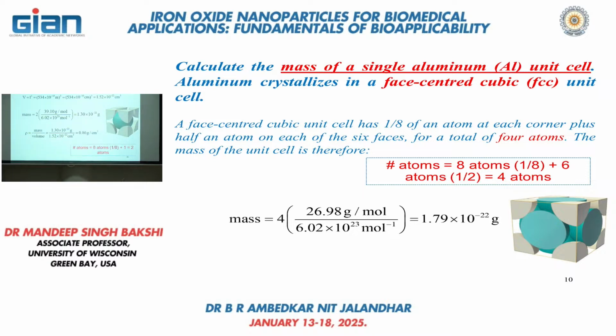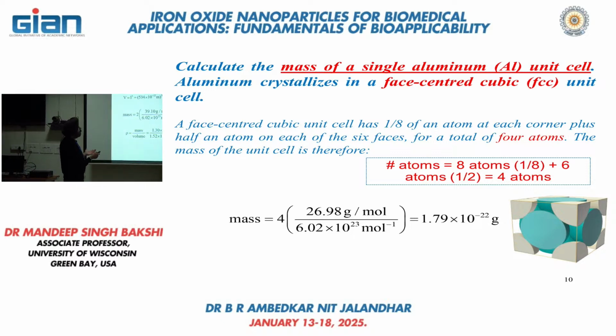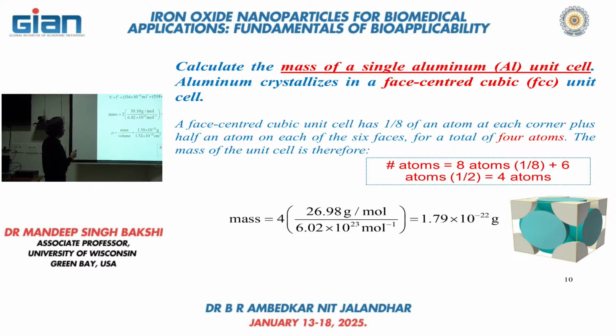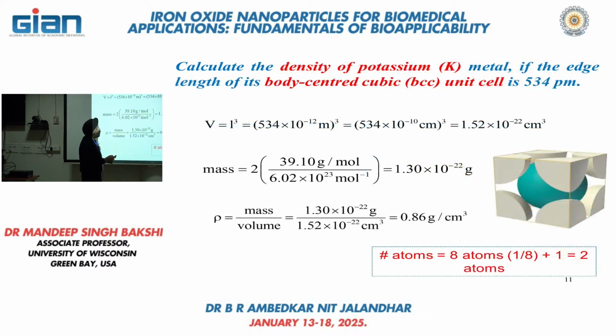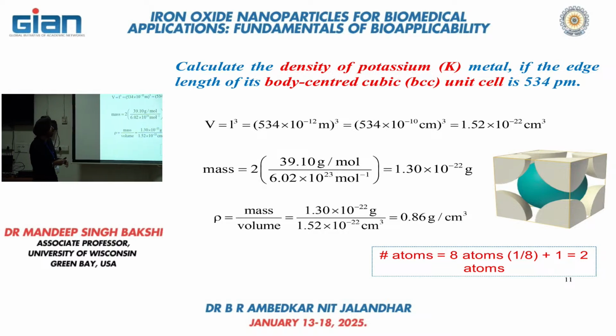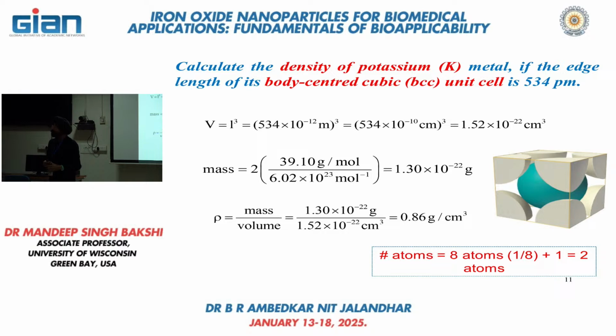So what if we want to calculate the volume and the density? Here you see, calculate the density of potassium metal if the edge length of the body-centered cubic unit cell is 535 picometer. Okay, so it's 534 picometer. Edge length is provided.